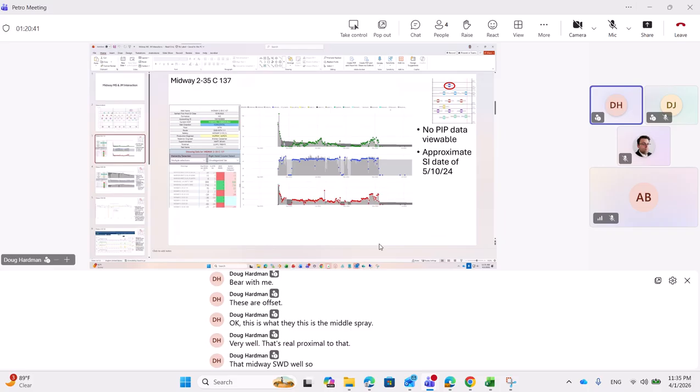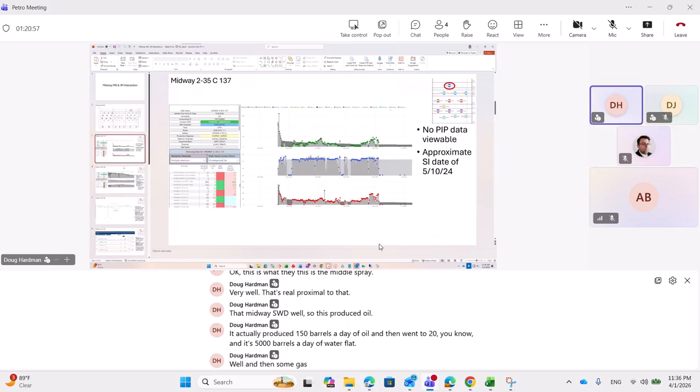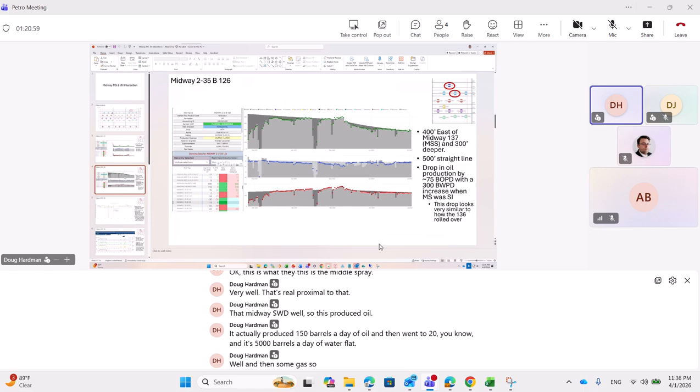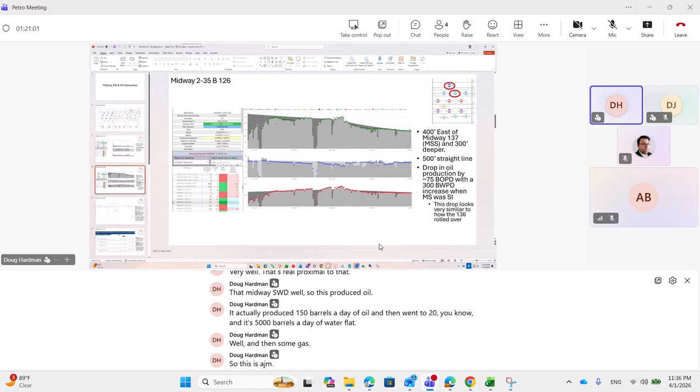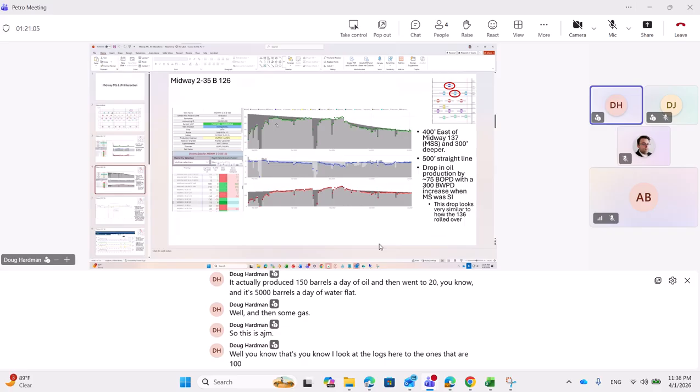So this produced oil. It actually produced 150 barrels a day of oil and then went to 20, and it's 5,000 barrels a day of water flat, and then some gas. So this is a JM well. I look at the logs here compared to the ones that are 100% wet, and this is what it should do, 500 barrels a day.